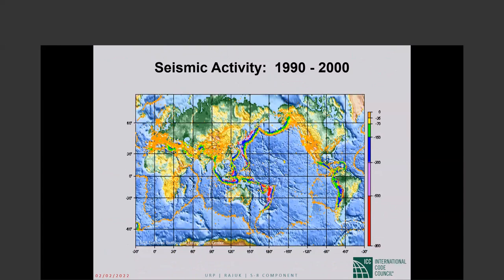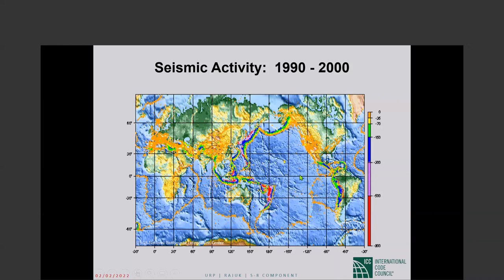This is for a 10-year period. There could be subsequent ones, but one 10 years is not very different from another 10 years. Seismic activity around the globe. And the main thing you see is that earthquakes happen in some places and not in other places.